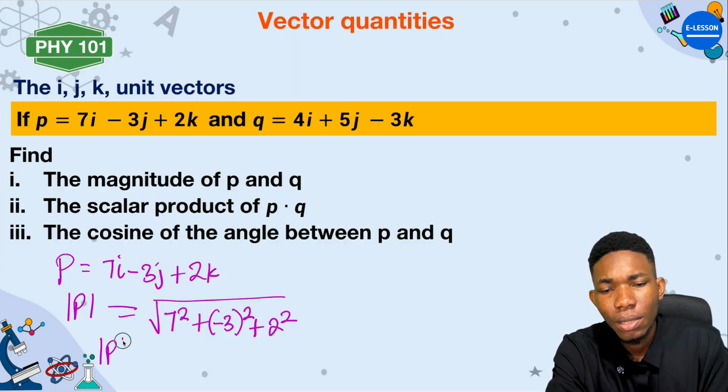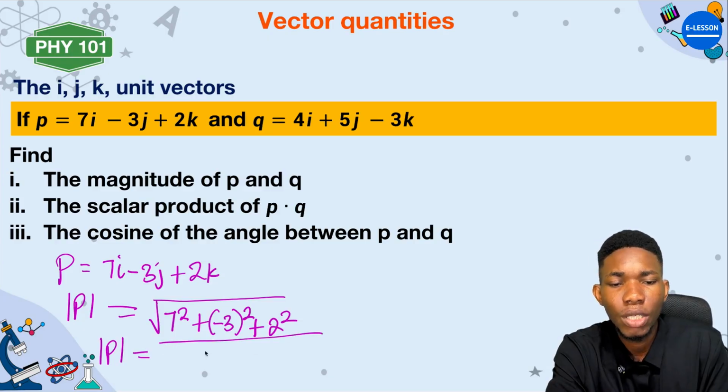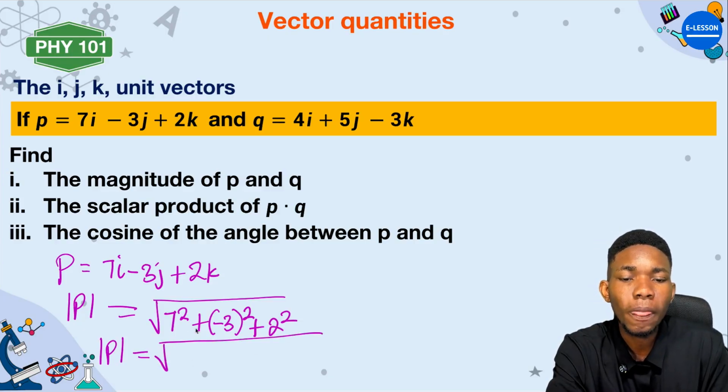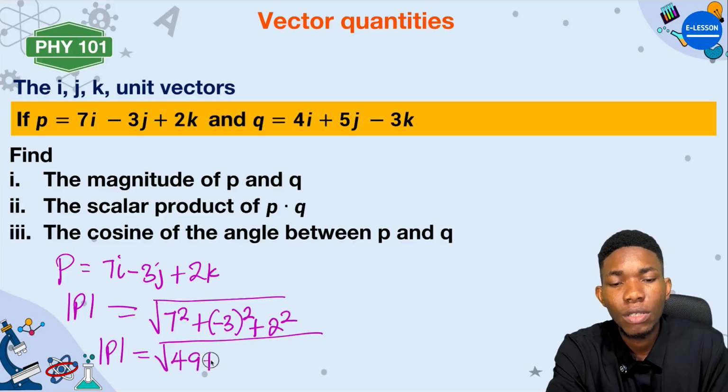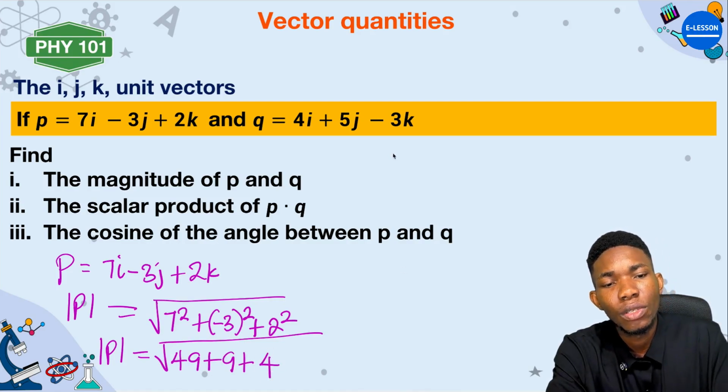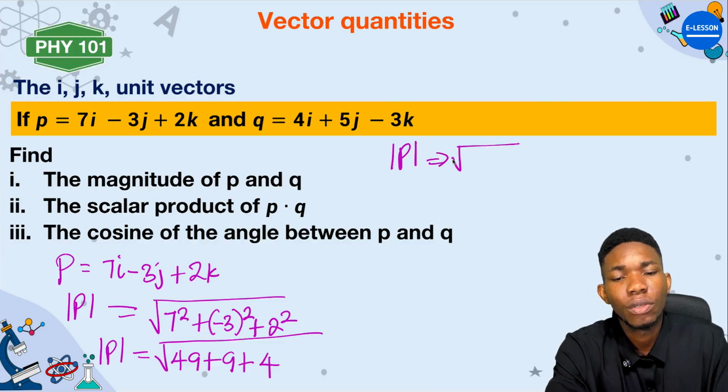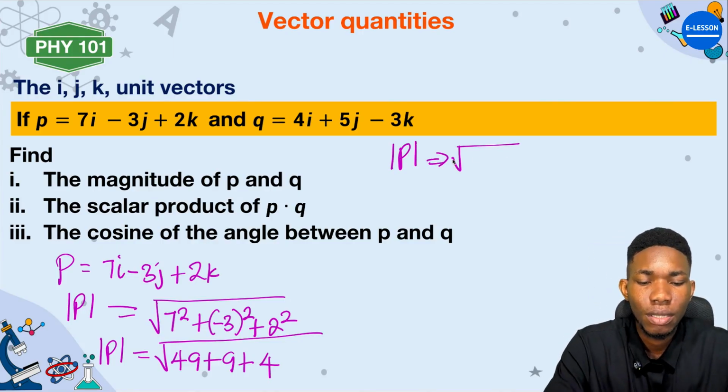Is that okay? So our magnitude of P, my dear students, will be equal to 7 square will give us what, my dear student? 49. Plus 3 square will give us what? Will give us 9. Plus 2 square will give us how many? 4. So our magnitude of P will give us root of 49 plus 9 plus 4.